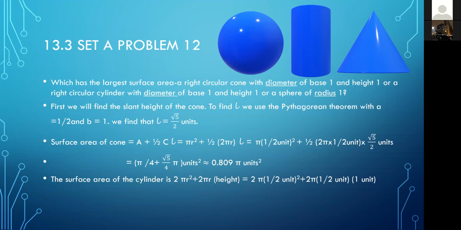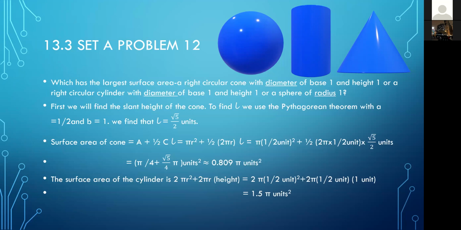It's going to unroll to make a rectangle, and one side of the rectangle is 2 pi r, and the other side is the height. So then when we plug in r, which was 1/2, we get 2 pi times 1/2 squared, plus 2 pi times 1/2 times 1, and that will all come out to be 1.5 pi.